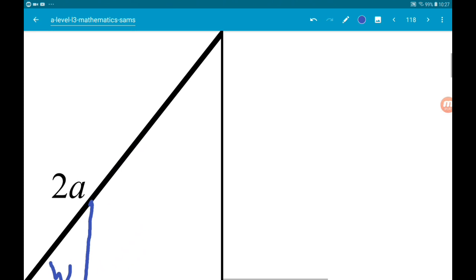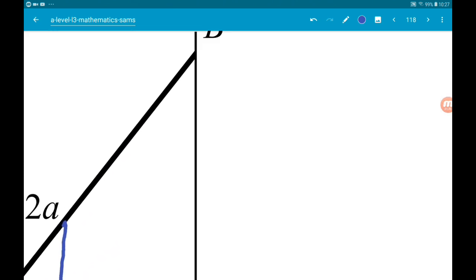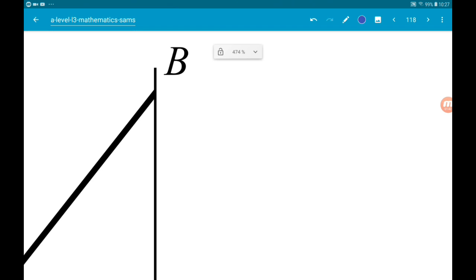We know the weight again of the builder who is standing here, we know his weight is 7W.